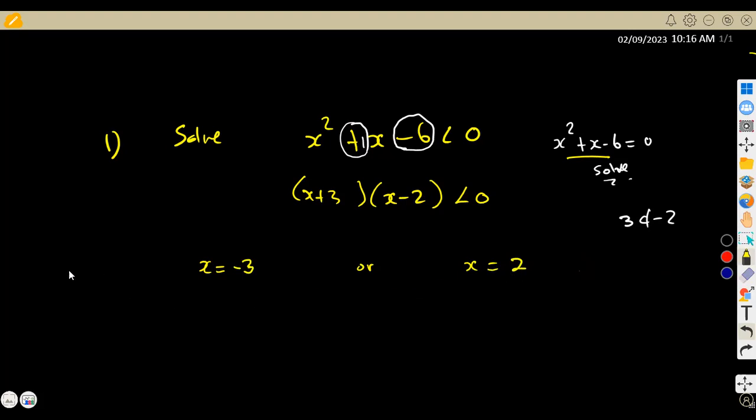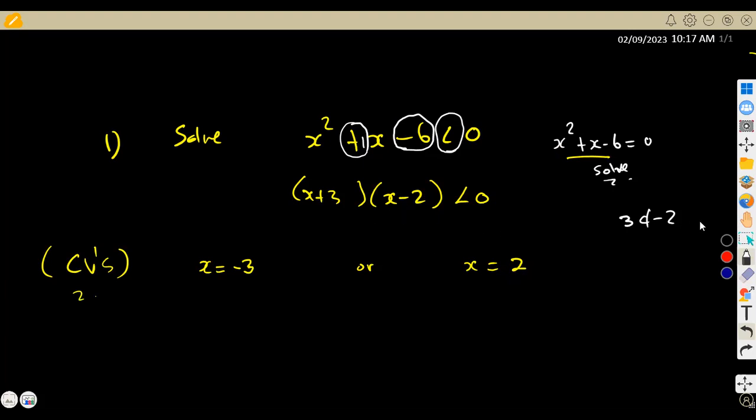Take note, these are the critical values, the values of x that you obtained, not the solutions to the inequality. The inequality is here. We are supposed now to obtain the actual values. So it's either you're going to use a number line, a table, or functions and graphs.